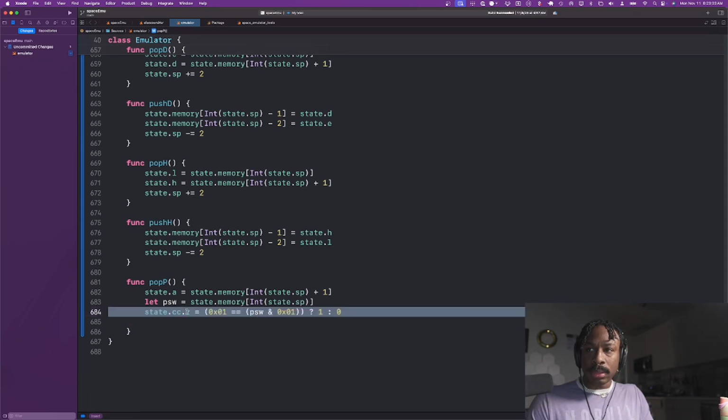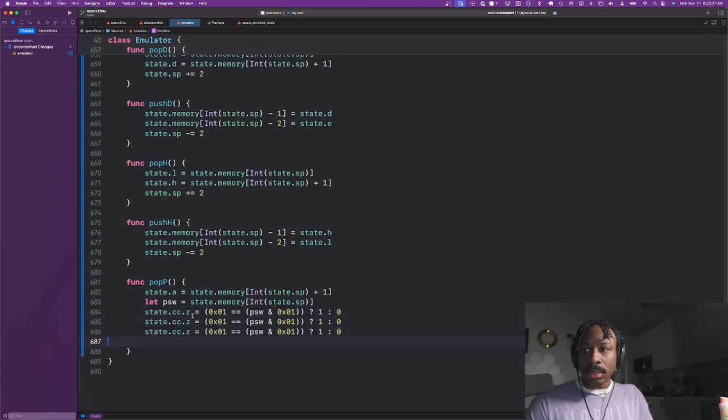And then these follow the same kind of structure, so I'm just gonna copy and paste real quick. Set this to S. This is P. This is carry.